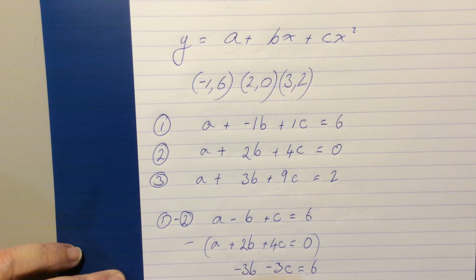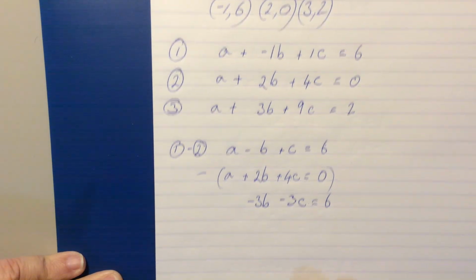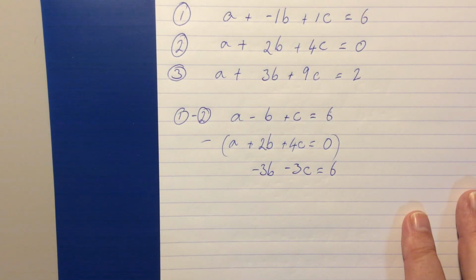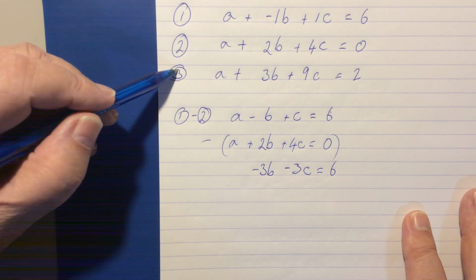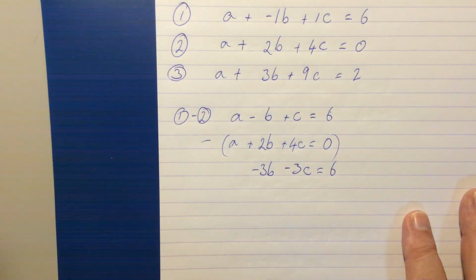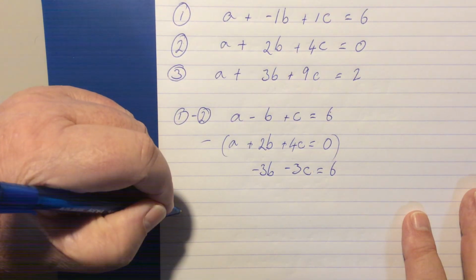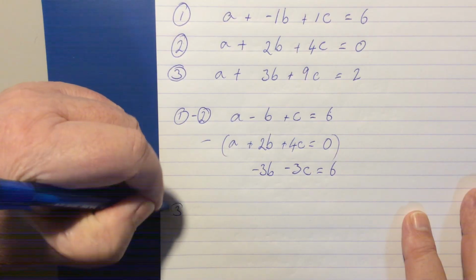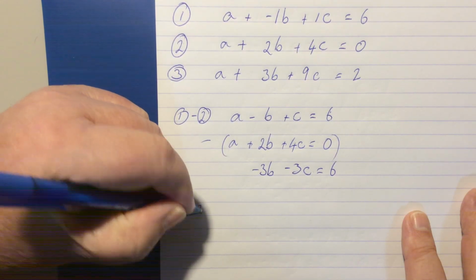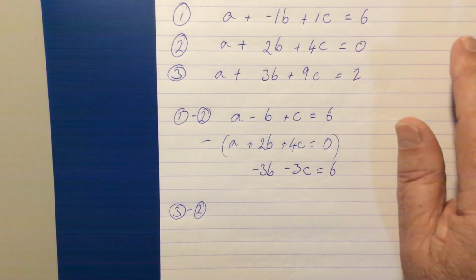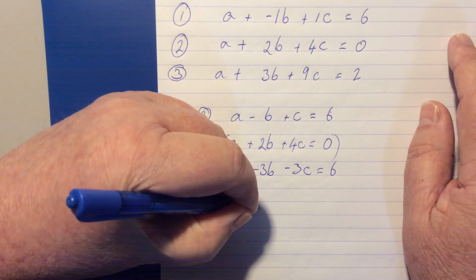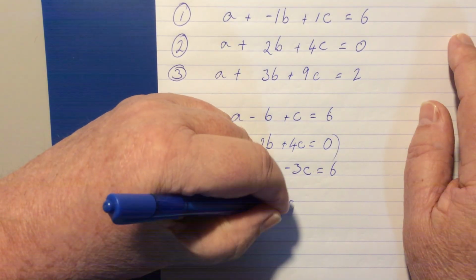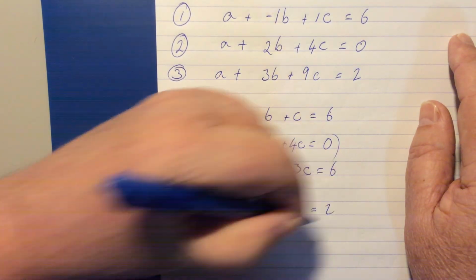So we're just going to park this equation here to one side for the moment. Okay, the next thing I'm going to do is take 2 away from 3. Again, it's just a choice. There's probably a better way of doing it, but I've chosen to do this. So 3 is a plus 3b plus 9c equals 2.